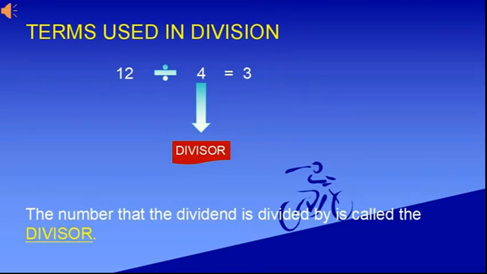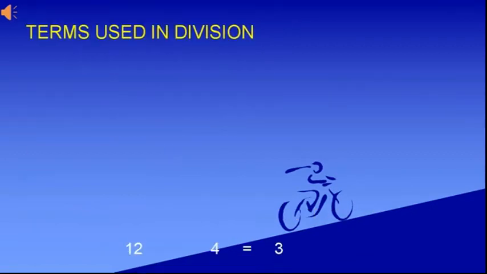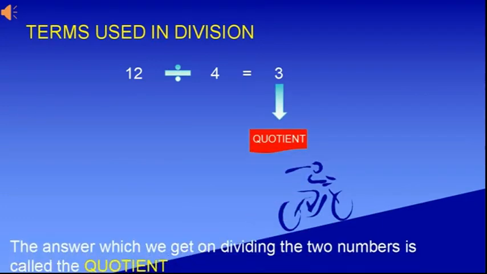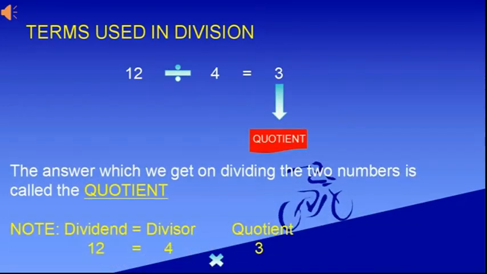Here you can see that 12 is divided by 4. So number 4 is the divisor. The answer which we get on dividing the two numbers is called the quotient.